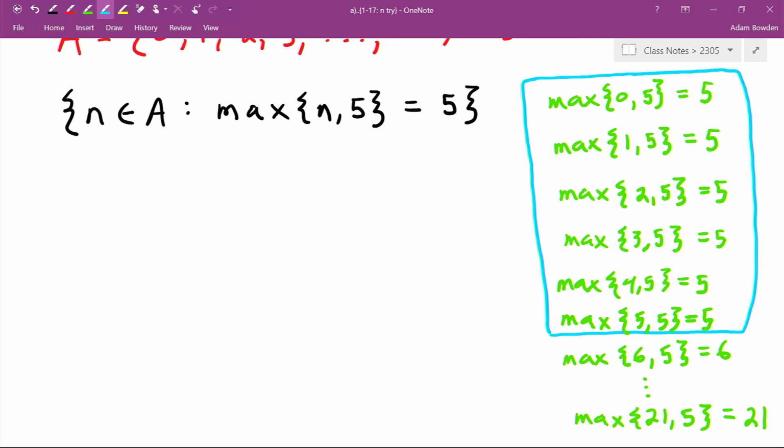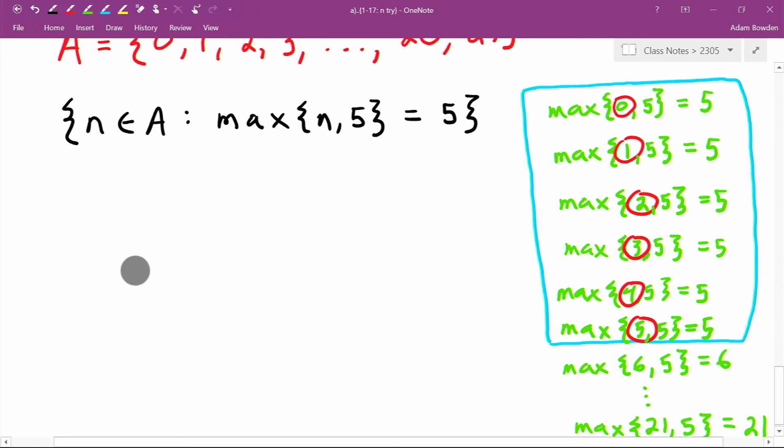So the elements we're going to include are the 0, the 1, the 2, the 3, the 4, and the 5 will be within our set. So this set will contain the elements 0, 1, 2, 3, 4, and 5.